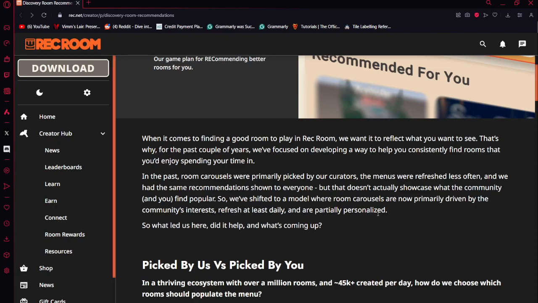I wonder how much it's personalized because usually when I hop on Roblox with my friends and I look at what Roblox recommends to me, I can't say that I completely love everything they recommend, but I would say pretty much most of the things they recommend I would like on the recommendation page, which is not the case for Rec Room.